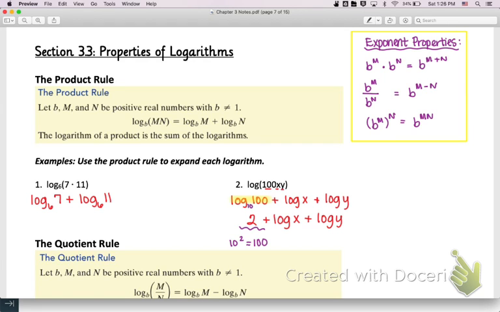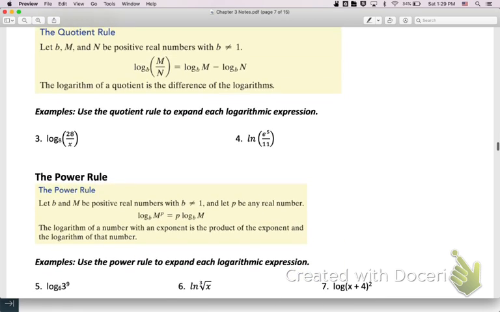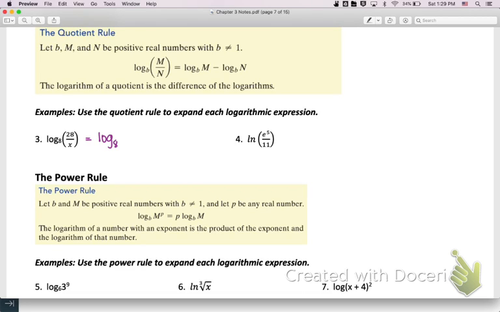Okay? All right. Moving right along, the quotient rule, division expands to subtraction. Make sure you keep an eye out for the same thing. Can we use any of our basic log properties? So to expand this is going to become the log base 8 of 28 minus the log base 8 of x. Now we need to check, does 8 to some power equal 28? No, it doesn't. So we're done.